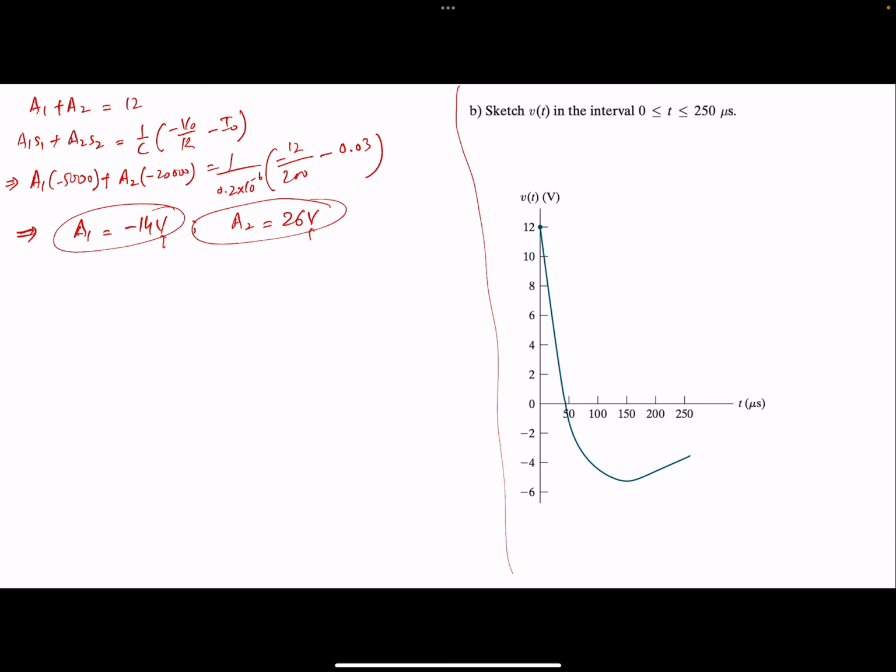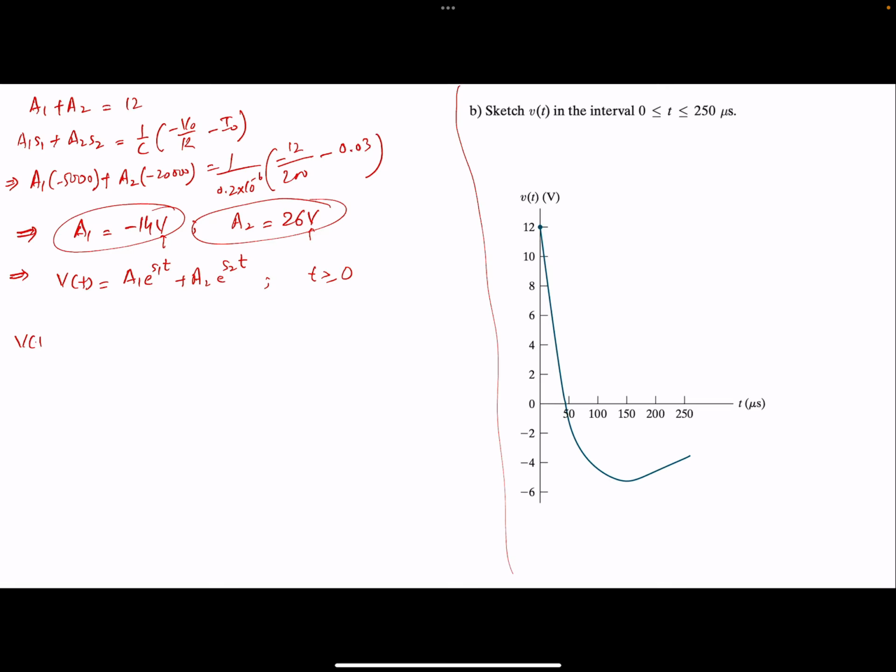Once we have found the values of A1, A2, S1, and S2, all we are left with is to write down the equation. The equation was, if you remember, v(t) equals A1 e raised to the power S1 t plus A2 e raised to the power S2 t, and this equation is valid for t greater than or equal to 0.